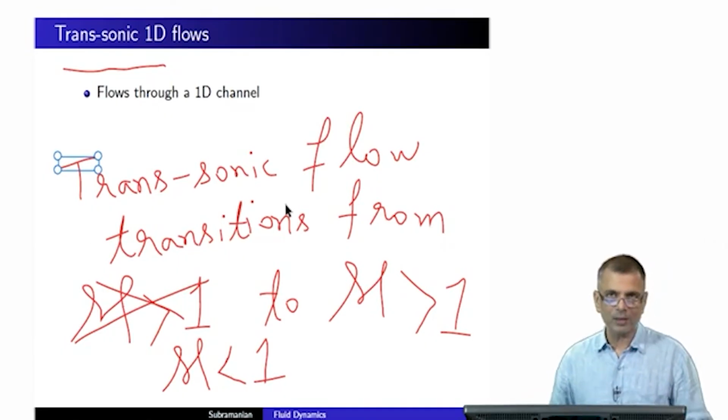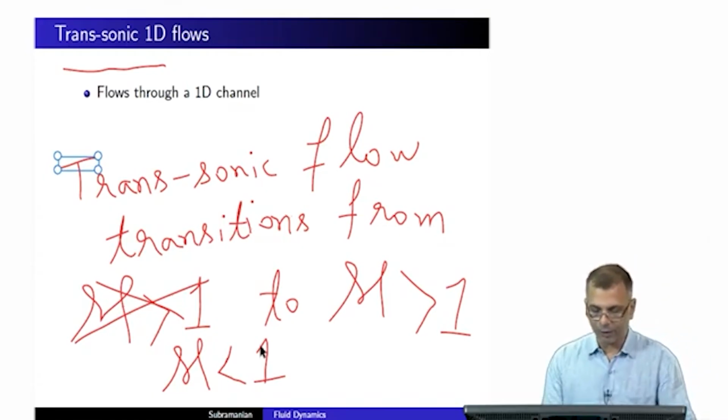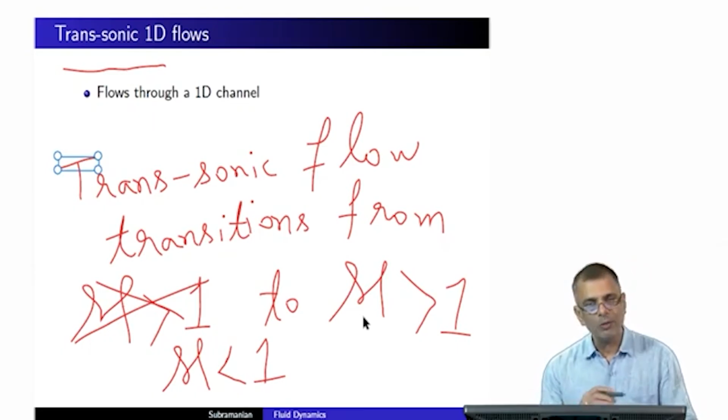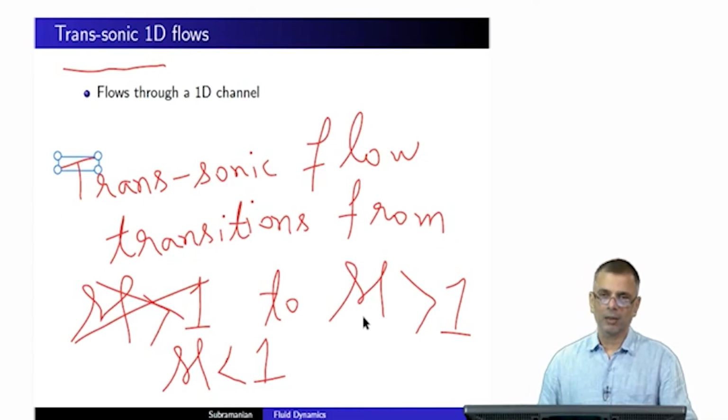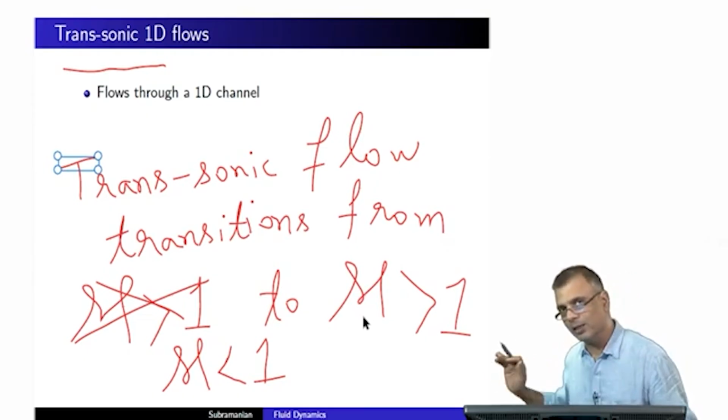The reason we pay attention to this is because, as we have seen, the character of subsonic flows and the character of supersonic flows are very, very different. Subsonic flows are essentially quasi-hydrostatic. Pressure gradients and pressure differences and boundary conditions play a very vital part. Supersonic flows, on the other hand, are essentially ballistic. They don't care about boundary conditions. So the character is very different. While transitioning, one has to pay special attention. It's one thing when we are dealing with entirely subsonic flows or entirely supersonic flows.